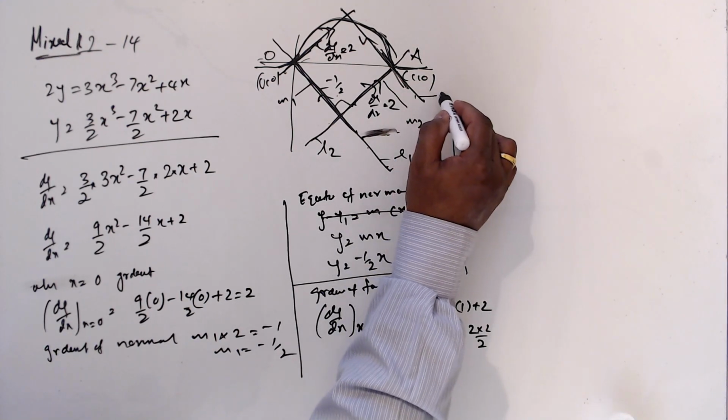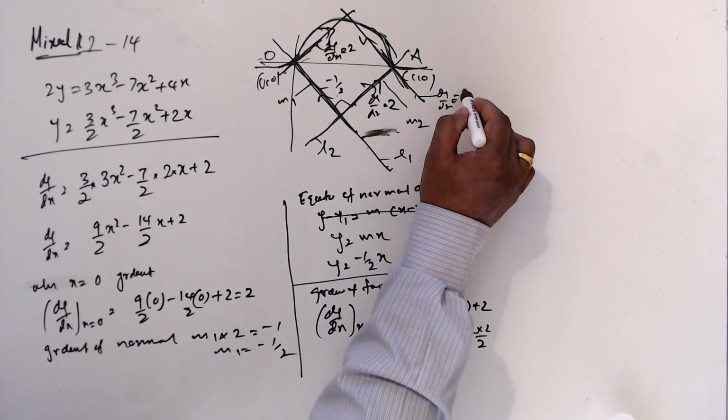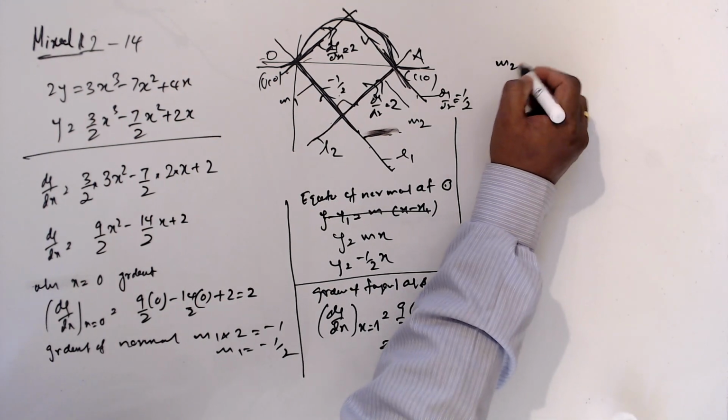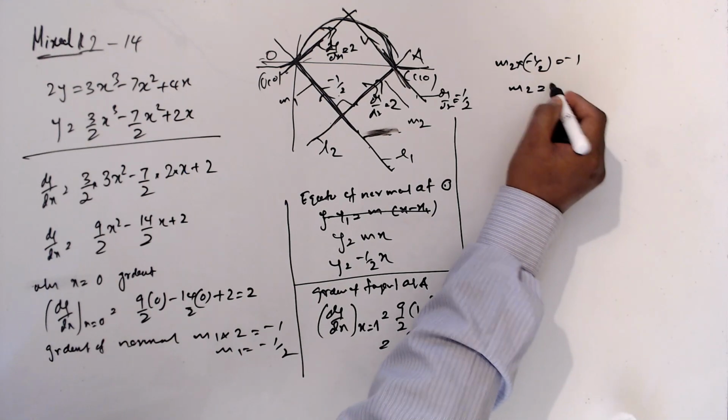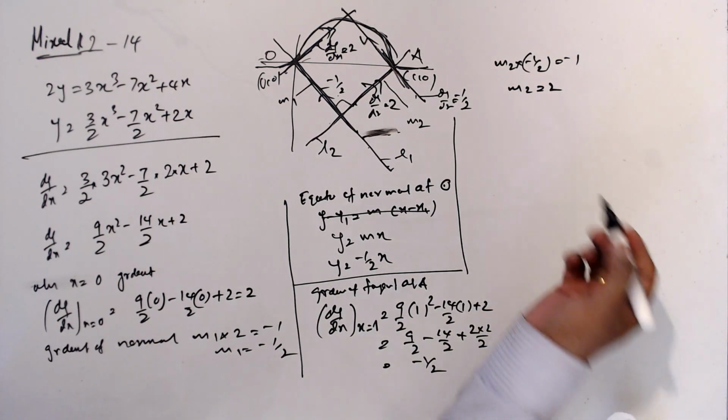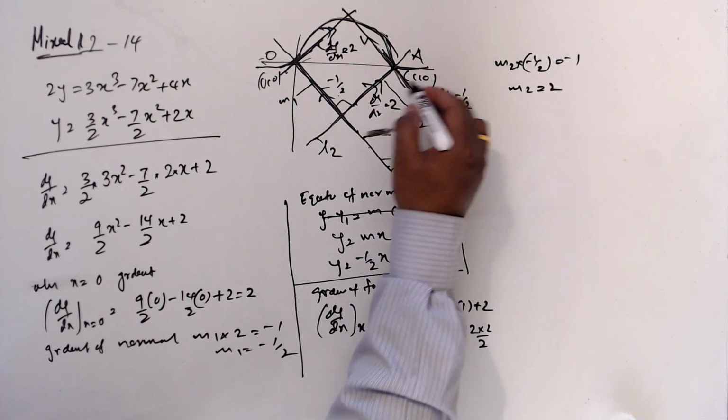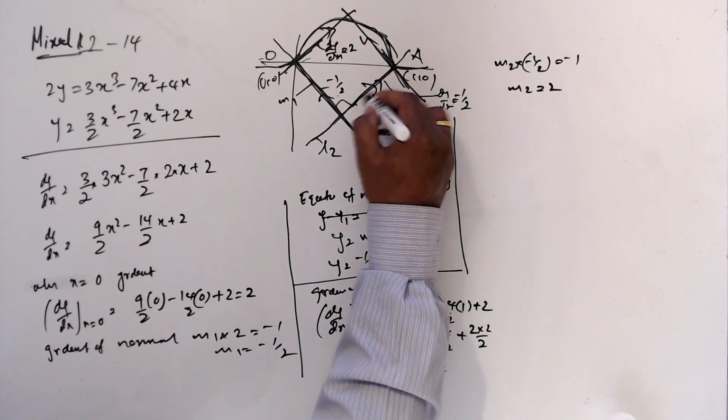Now we found that dy by dx is minus half. Then m2 times minus half is minus 1, so m2 equals 2. Then we know this gradient is 2.